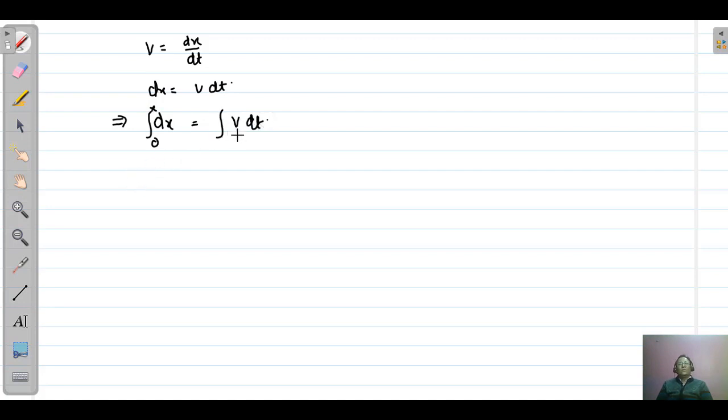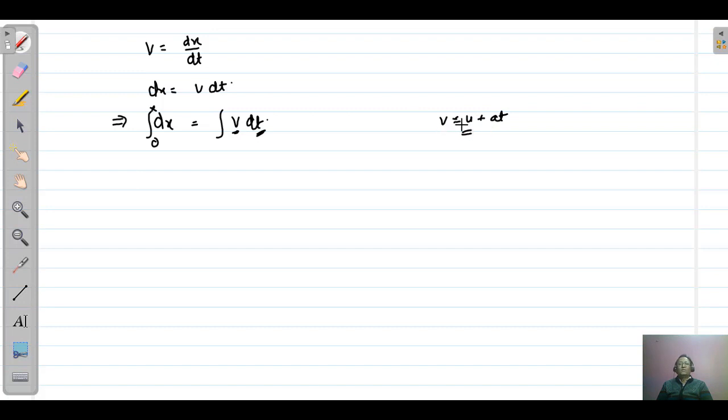Now we have to replace this v, because we have to integrate v with respect to time. That means this function v has to be replaced with a function of time. We have already derived the equation v = u + at. u is the initial velocity, so it is a constant term. a is acceleration, and it is constant.